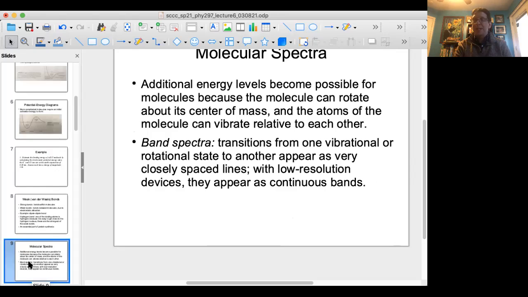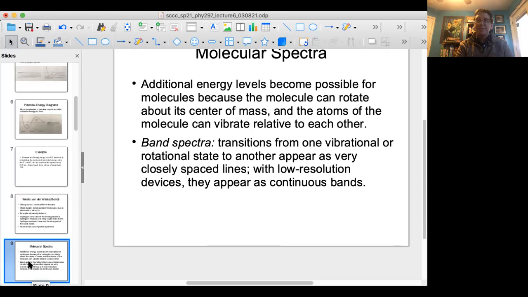So the molecule can have spin, the different nuclei can spin around each other, and the different nuclei can vibrate relative to each other. So that produces different energy states, and molecules have much more complicated spectra than atoms do.